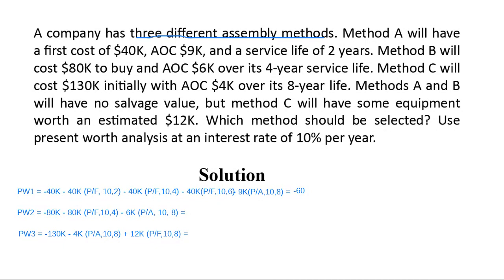So PW1 equals minus 170,970, and PW2 equals minus 166,649, and PW3 equals minus 145,742.